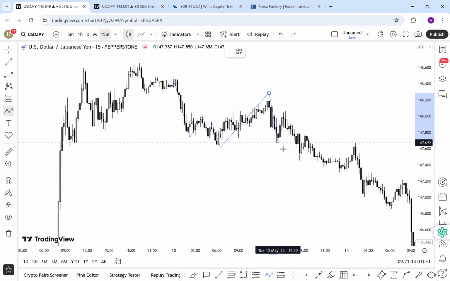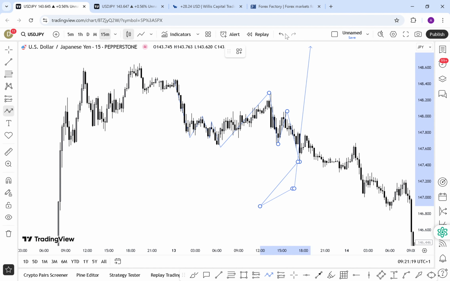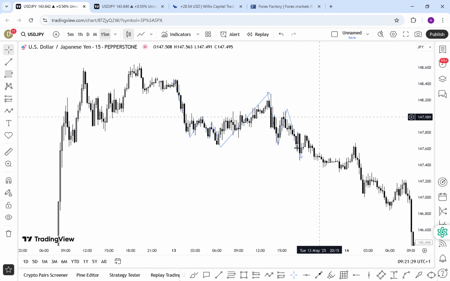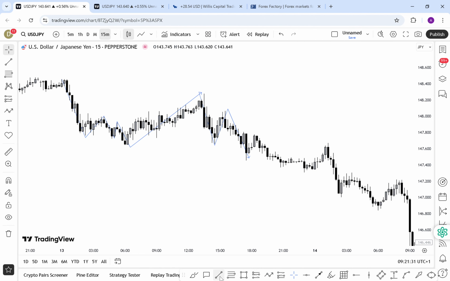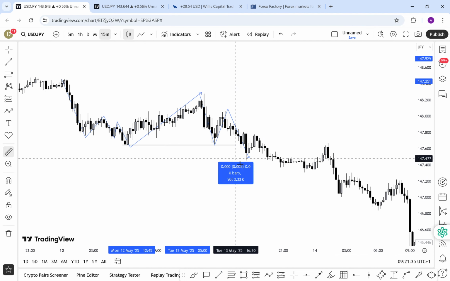When the market comes down and breaks and closes below, that's what I'm saying. It has to break and close below. We don't consider a sweep as a break of structure. So in this case, we have a valid break of structure here at this level.